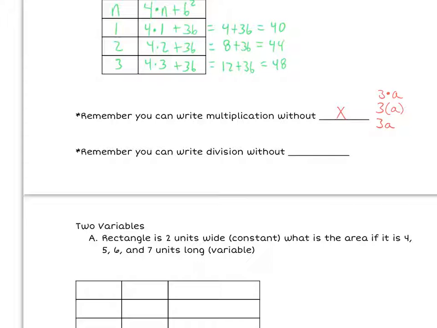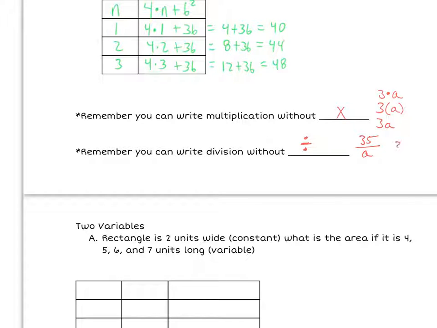We can also write division in a different way than you're used to. We don't always have to use the division symbol. Division can be what we call a fraction. So let's say you had 35 divided by A. So when you make it a fraction, that means division. Aiden said, won't we also use the slash for division?